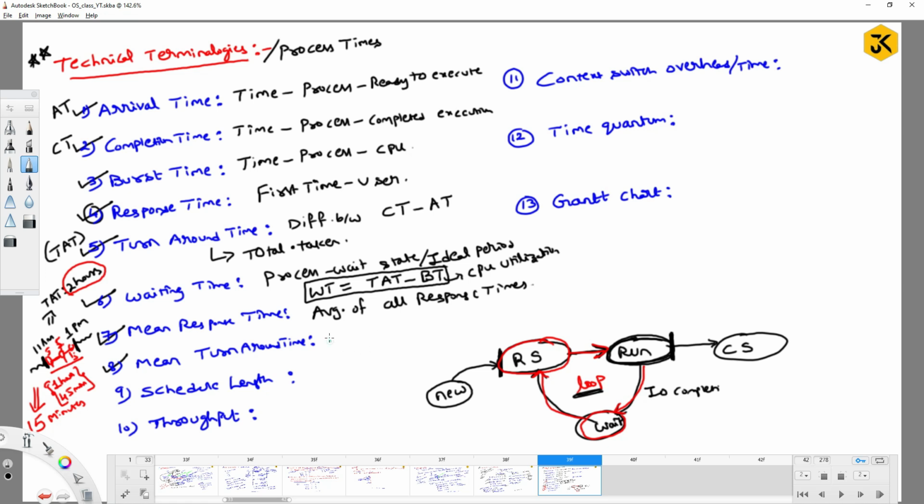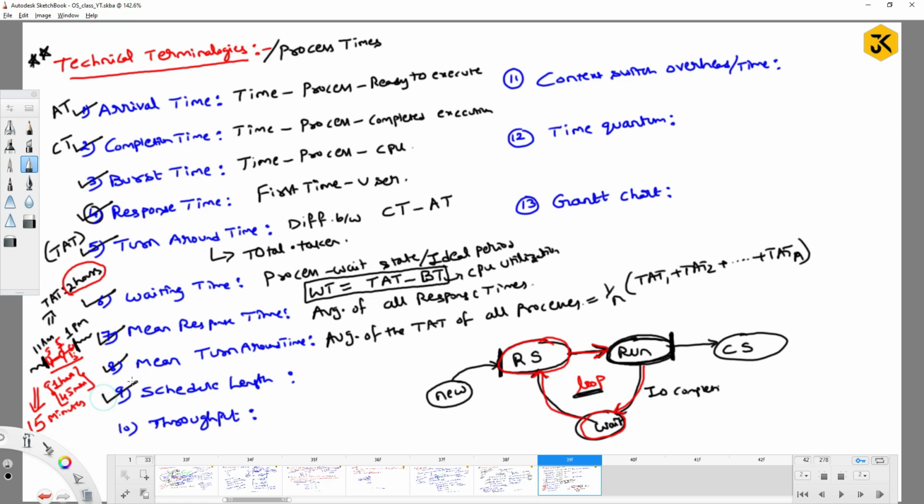So we can say the average of the turnaround time of all processes is called mean turnaround time. We can write it as 1 by n into, if I say n processes, turnaround time of one process plus turnaround time of another process and so on, up to turnaround time of the nth process.